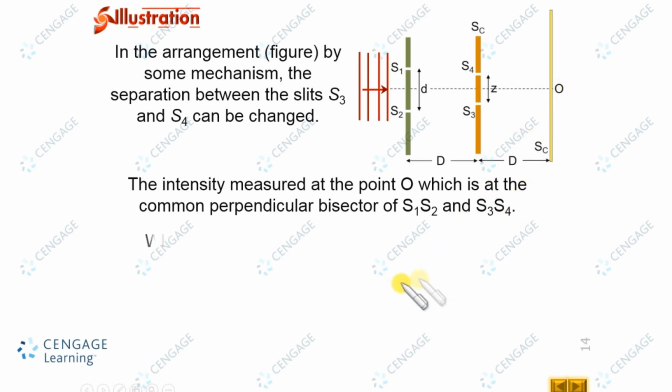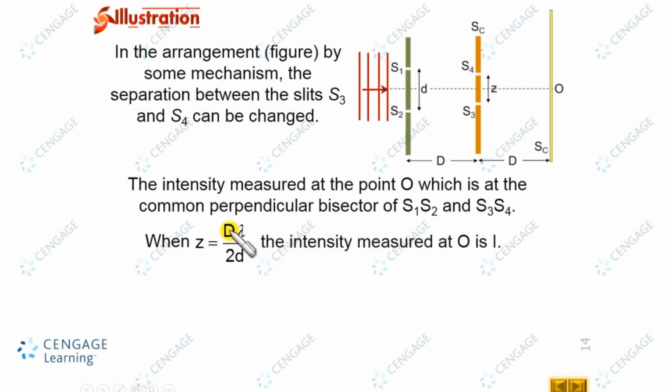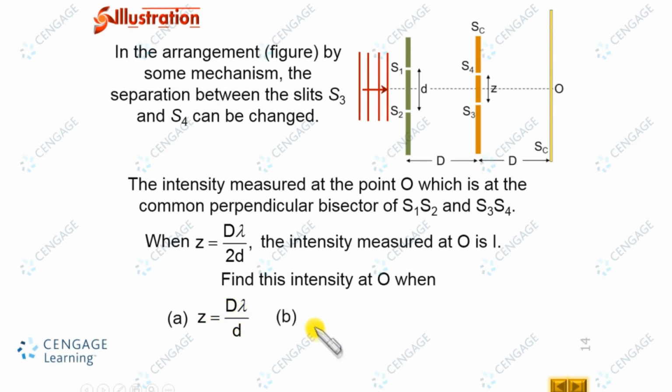When Z equal to capital D lambda divided by 2 small d, the intensity measured at O, that is the intensity measured at the center of the screen, is capital I. Find this intensity at O when A, Z equal to capital D lambda divided by small d, B, Z equal to 2 lambda capital D divided by small d, and C, Z equal to 3 capital D lambda divided by 2d. In these three situations, we need to calculate the intensity at O in terms of capital I.